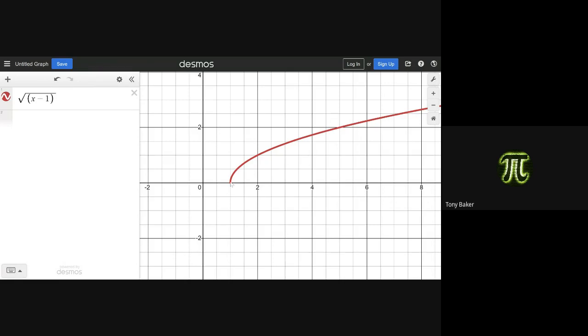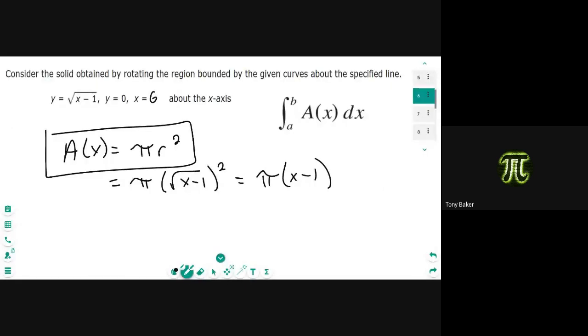So we're looking at it from 1 to... this is my radius because we're rotating around. So that's where that came from. Now I need to figure out my A and my B. So this is y equals 0 and x equals 6. Where does y equal 0 for this problem?